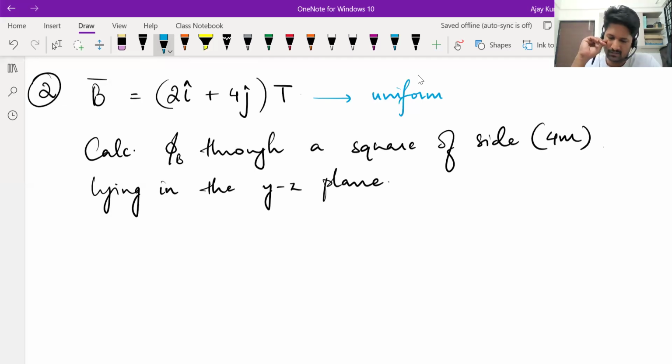Now the field has an x component and a y component, so field lines are parallel to the xy plane. But the square is in the YZ plane, so I don't think the field lines will be parallel to this square surface. So flux cannot be 0 in this case. And because it's a uniform magnetic field and the surface is a square, things become very easy.